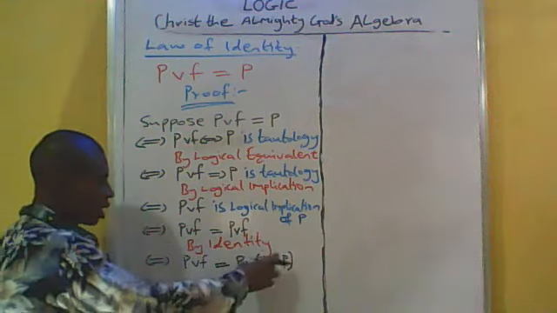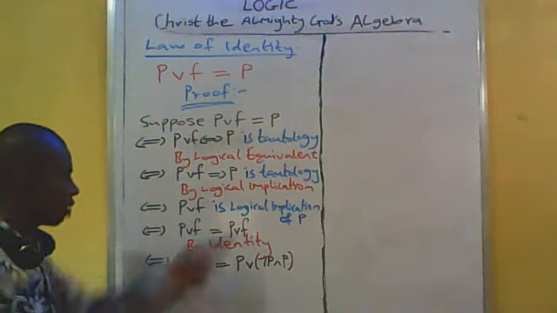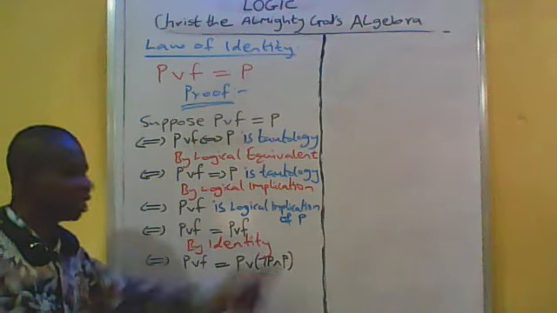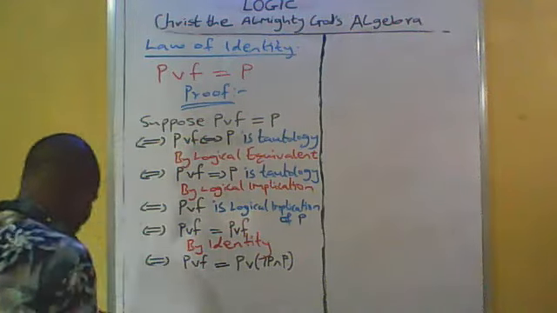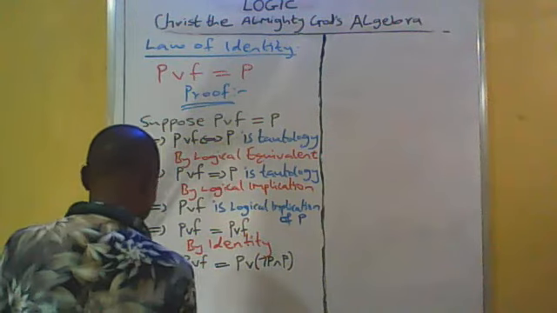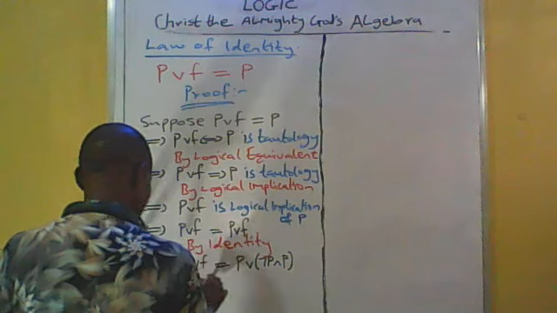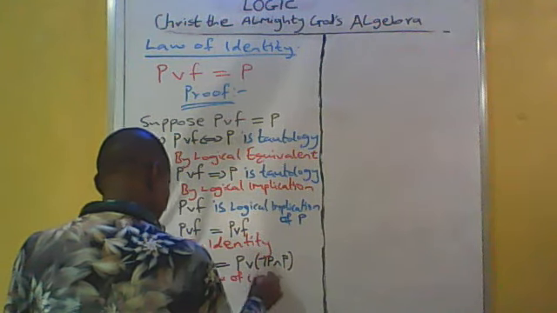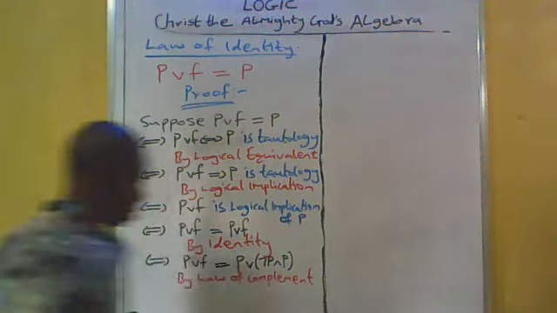Not P and P is equal to F. So F is being substituted with not P and P, being justified by law of complement.